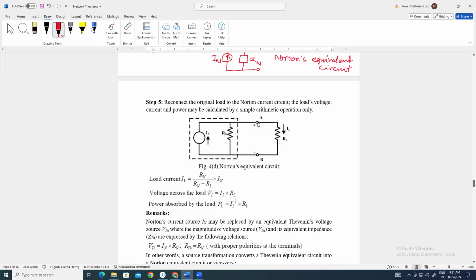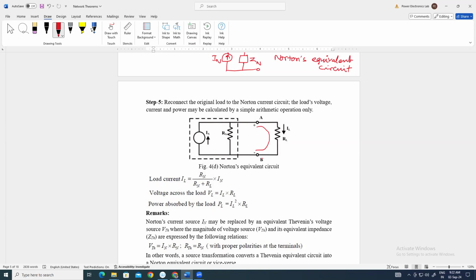Now, just like the previous theorem, we will again connect our element that we had disconnected from terminals A and B. We will connect the same element and calculate the current flowing through it.